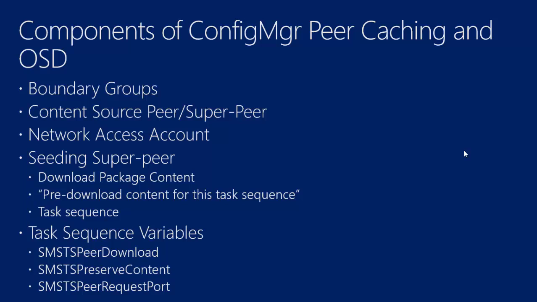But if you're using this to seed the content onto a super peer, likely when this task runs, it will need to go to a traditional distribution point first to get the content. But then from there, that super peer will be able to serve up content to others within the same boundary group or within the same subnet within a boundary group, right?